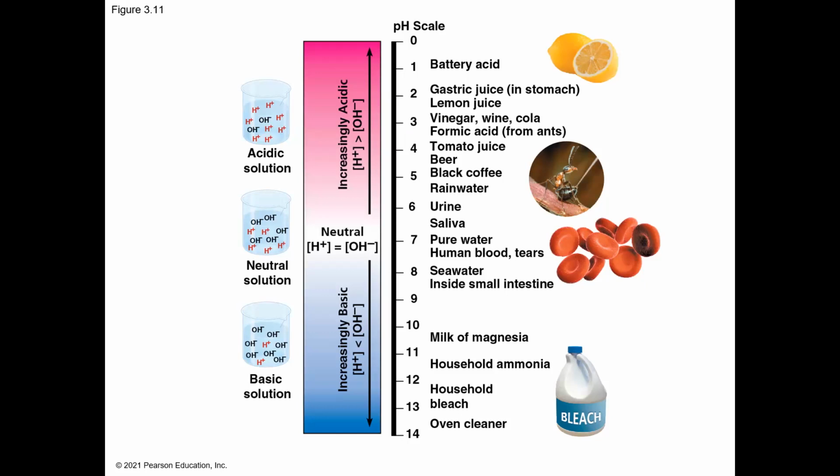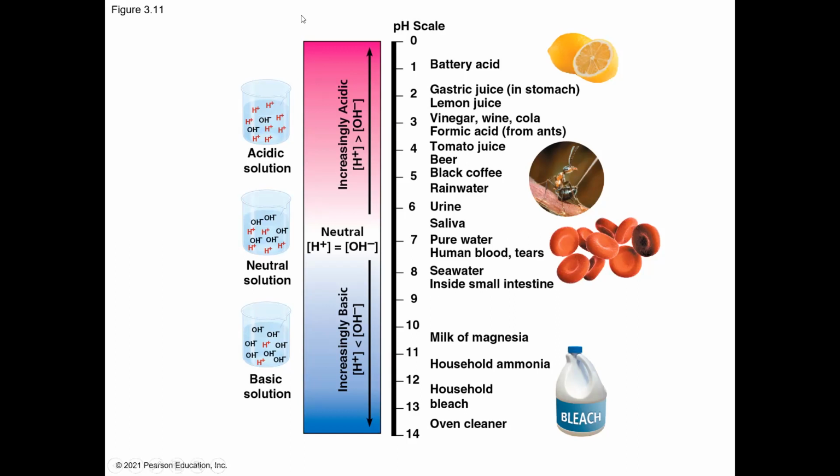If you look on this scale here, the gastric juice found in your stomach, which is more similar to hydrochloric acid, is at a 2, which is very acidic. Your stomach needs to be very acidic. It needs to be acidic to break down and dissolve the particles that we eat.